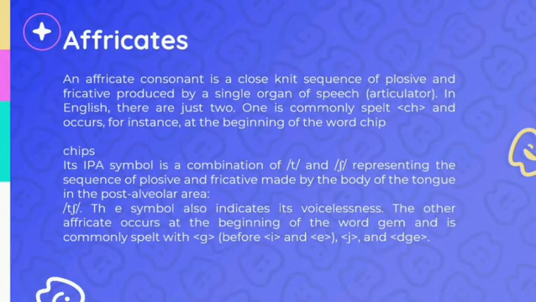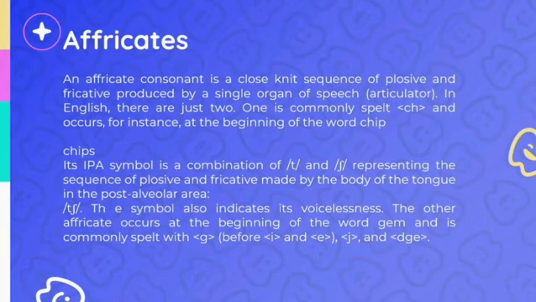An affricate consonant is a close-knit sequence of plosive and fricative produced by a single organ of speech. In English, there are just 2. One is commonly spelled ch and occurs, for instance, at the beginning of the word chip.